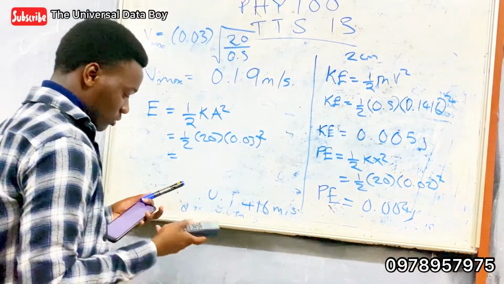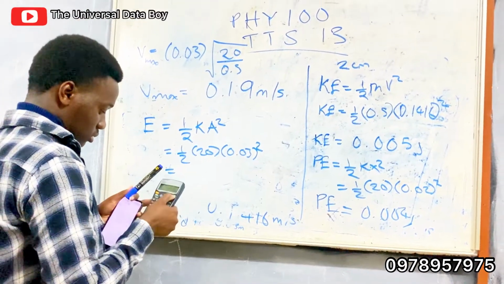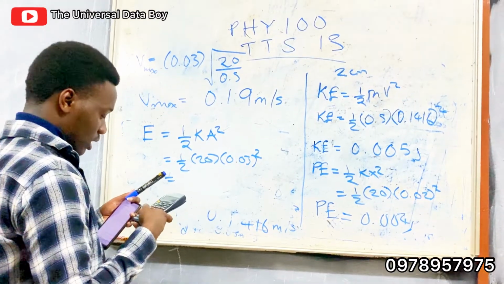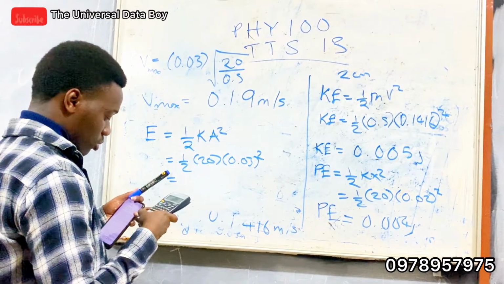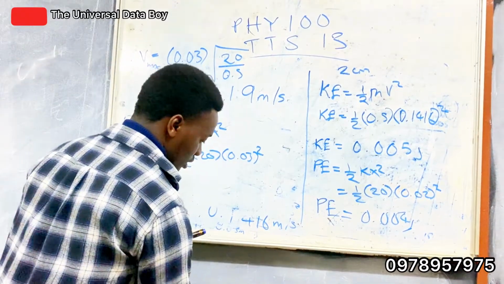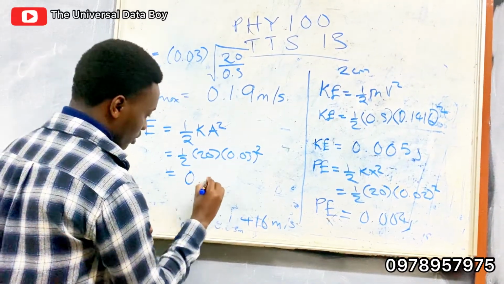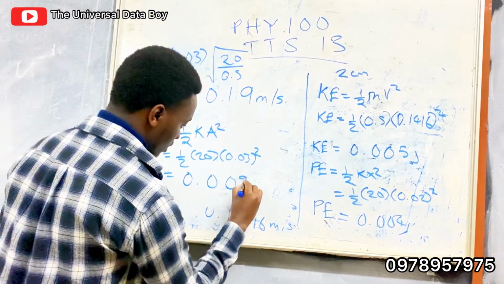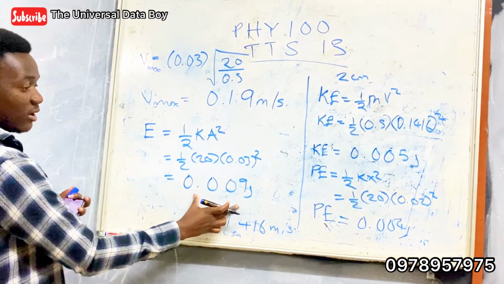So 0.5 times 20 times 0.03 squared gives 0.009 joules. So this is the total energy that we have in the system.